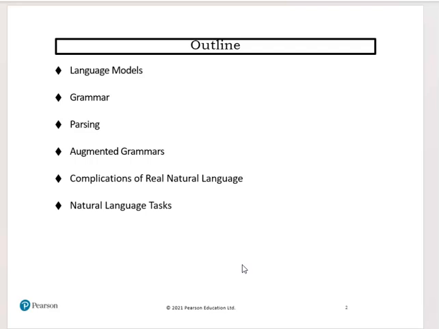Then we'll spend some time on parsing, which starts with a specific sentence and identifies the role of each word, essentially its part of speech. Is it a verb? Is it an adjective? And then, if we have time, we'll go into augmented grammars and complications of real natural language.